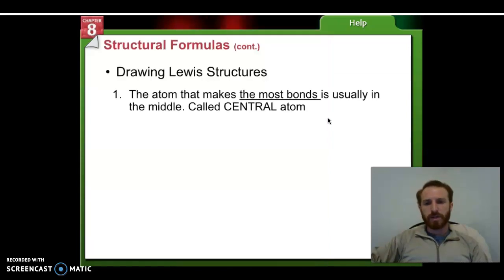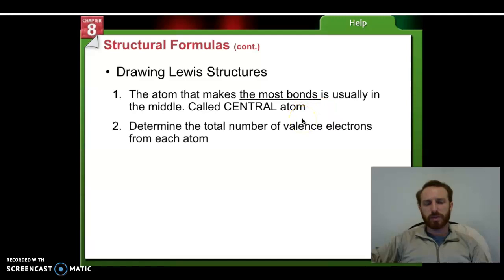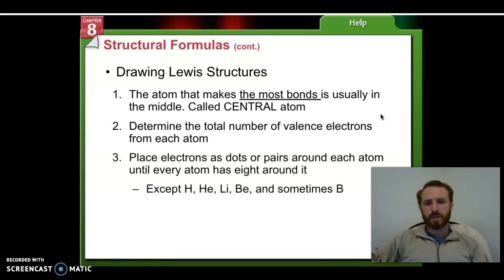So here's a shorter form of what I just mentioned. It's not always perfect, so that's why I went through it in more depth before, but this is just in case you want to go through this. But there are some atoms that do not need to have 8, right? Specifically hydrogen, helium, lithium, and beryllium.